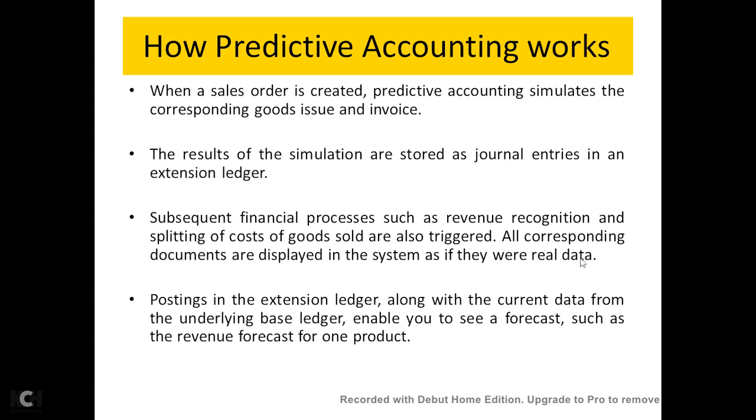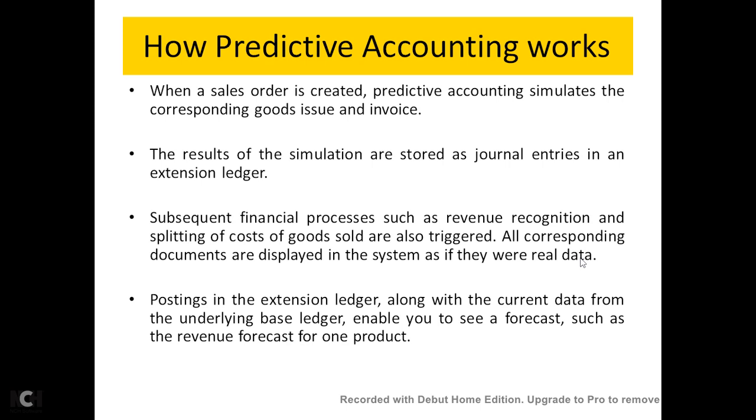Along with these documents and the underlying base ledger which is used for the extension ledger, it will help you to see a forecast, such as a revenue forecast for one product.